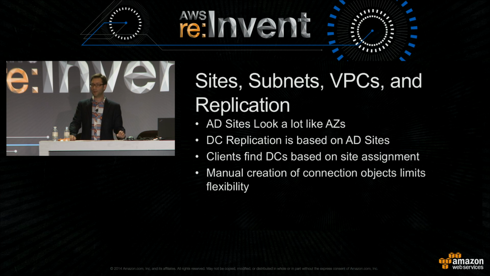What you should probably not do, on the other hand, is span a site across multiple availability zones, because then you won't be able to control where your local client is looking. It's a higher cost move to authenticate or to gain access to a domain controller across an availability zone. So probably a best practice would be to have one domain controller in one AZ and a second domain controller in the second AZ, to get both the benefit of the redundancy and VPC traffic routing in the event of a failure.